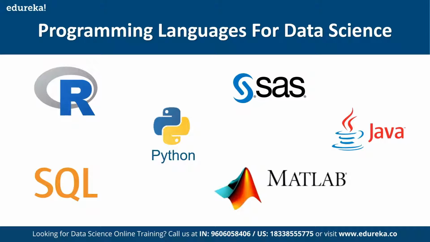SQL is quite useful for any data scientist to do a very quick and dirty analysis. So SQL is quite handy. R has its own pros and cons. Plus SAS is there, and MATLAB is also there. But MATLAB is costly software, and Java is an open source language. But Python is the dominant among all.